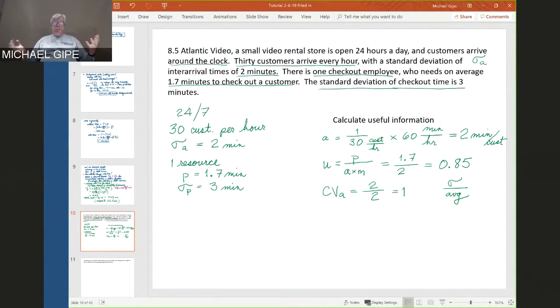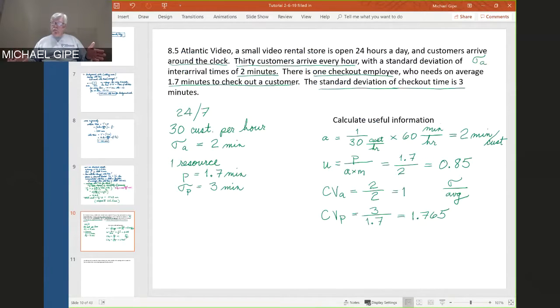So that's what you would expect for a normal Poisson arrival rate. And our coefficient of variability for the processing is expected to be different, of course. A lot of variation there for a small average time. That works out to be 1.765.